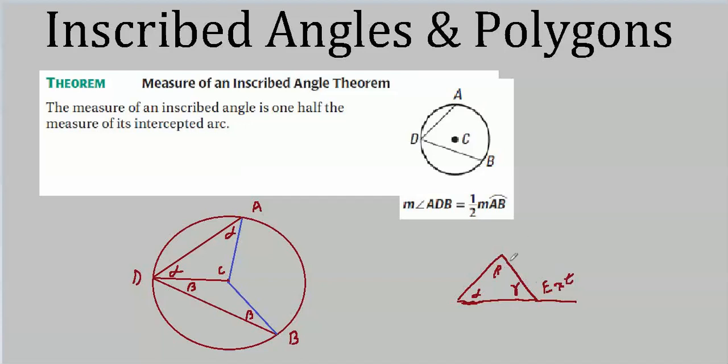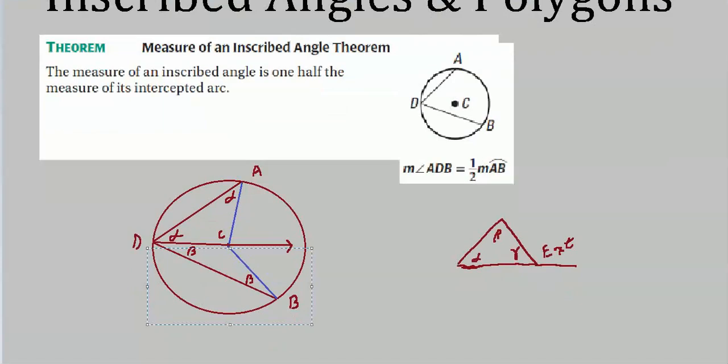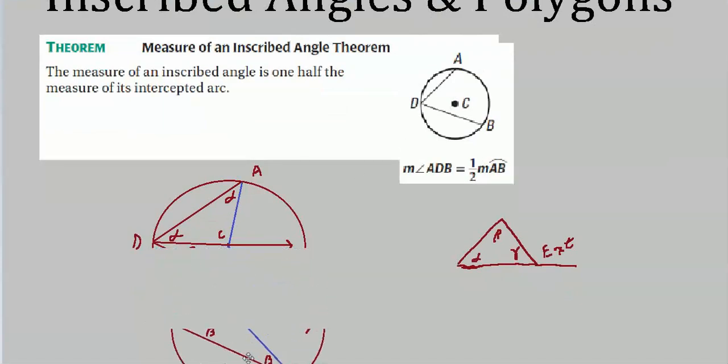Well, why would that matter? Well, let's suppose I continue this line here in order to produce an exterior angle for this triangle. And it's getting a little crowded in here. This exterior angle might be more obvious if I just remove this part.